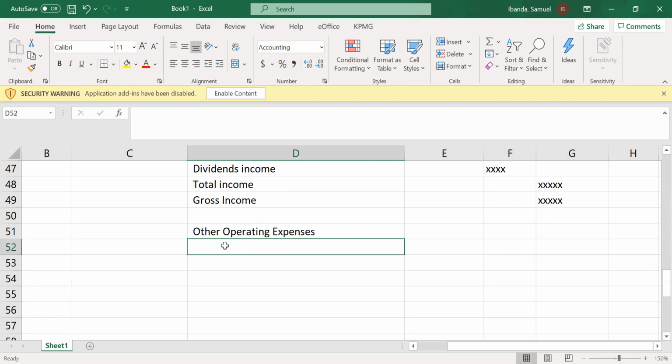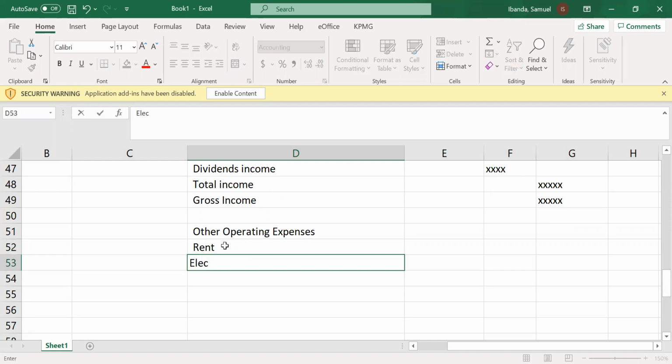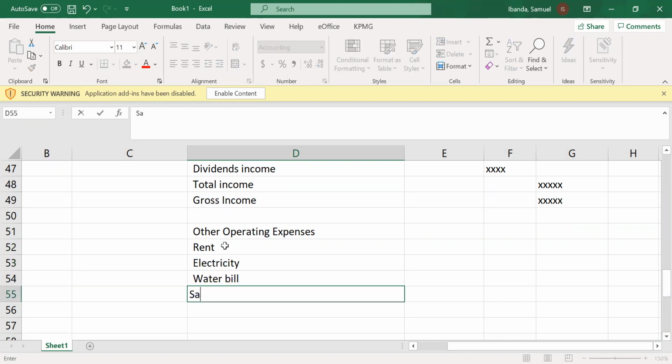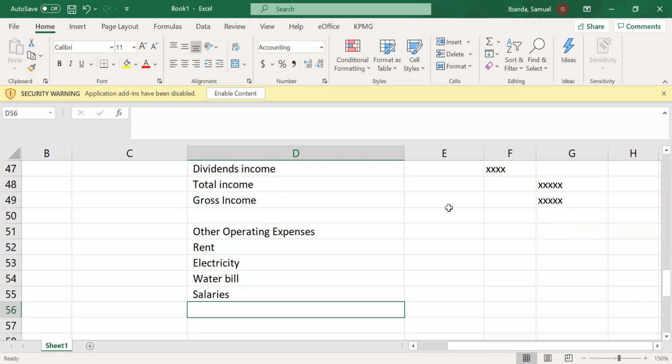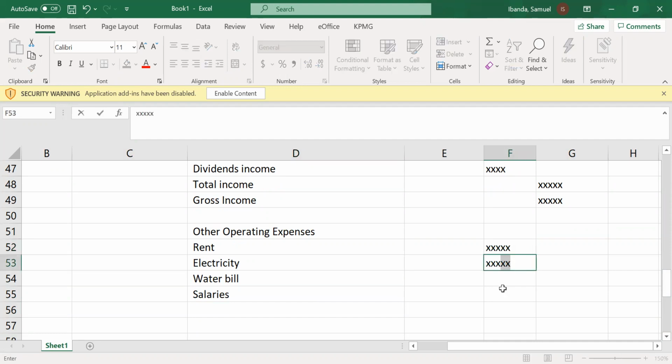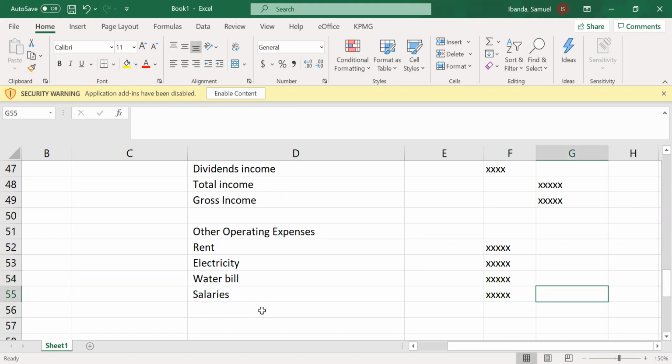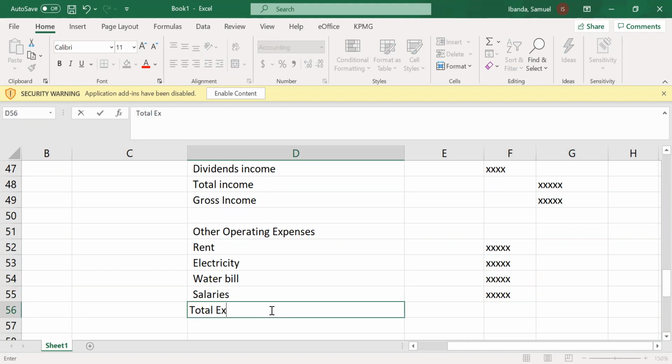So this format should be really handy to you, and when you look at some of our previous videos, we went through it. I'm just trying to emphasize something small for you here. So we have, let's say, rent, electricity, maybe water bill, salaries, etc. So these are also expenses that you have. And then this will give you total expenses.